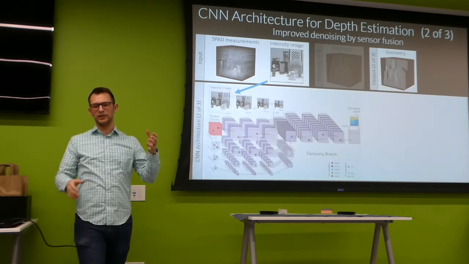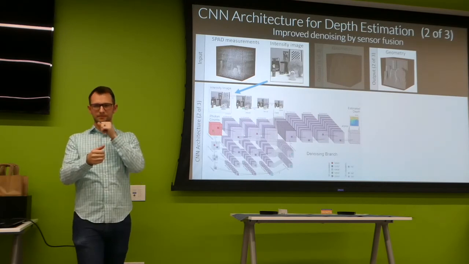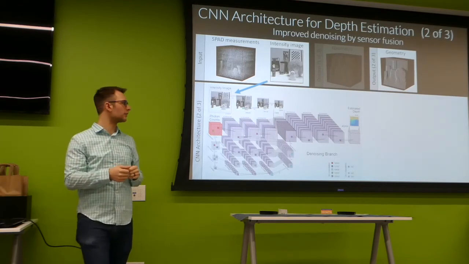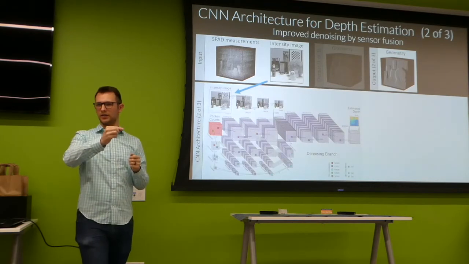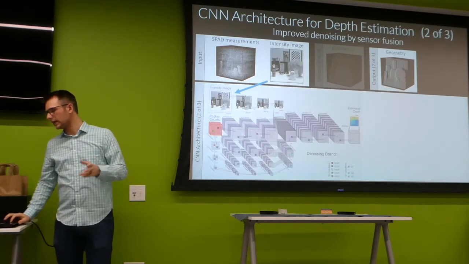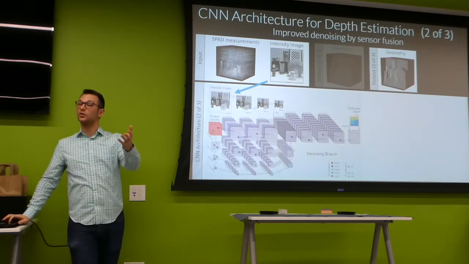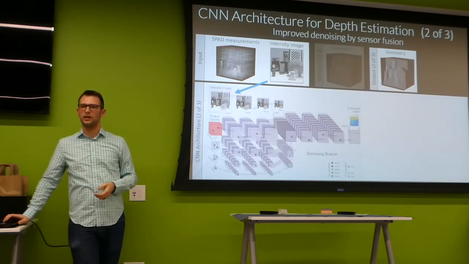We took these RGBD images and simulated SPAD measurements, and then the ground truth was basically these bin indices corresponding to the depth. So it was trained on simulated data, but we also evaluated on some of the captured data to make sure that we could actually transfer that learning.